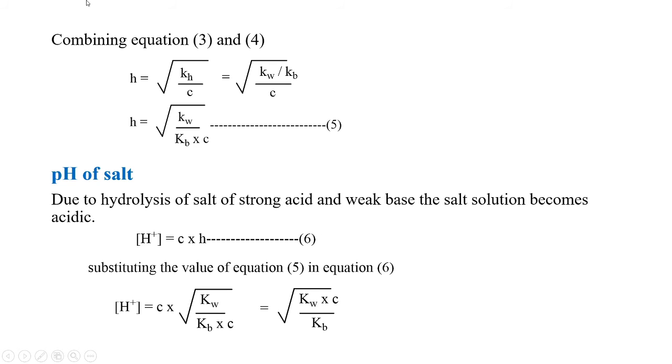Consider this is equation number 6. Now substituting the value of equation 5 in equation 6, we will get H+ is equal to C into the h value, square root of Kw upon Kb into C. So we can write this equation as square root of Kw into C upon Kb.